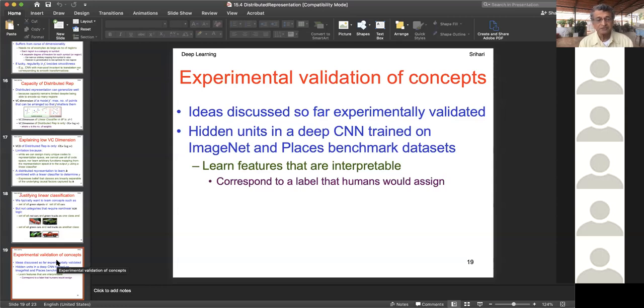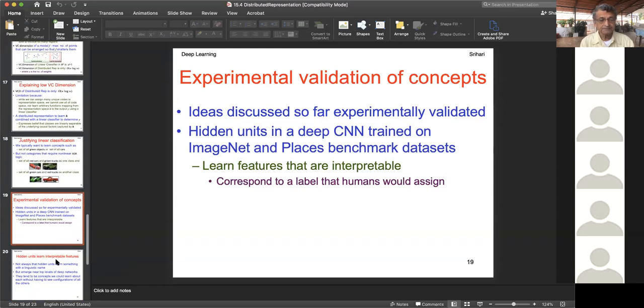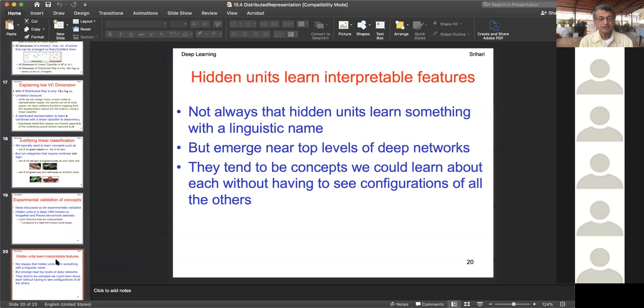So they took examples and tried to look at the representations and what they mean. The hidden units learn interpretable features. Not always that hidden units learn something with a linguistic name. That's an interesting concept. You're trying to develop a neural network to do a classification problem, and then you're asking, what did you learn?